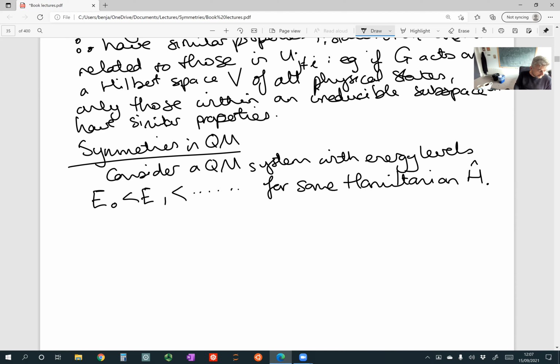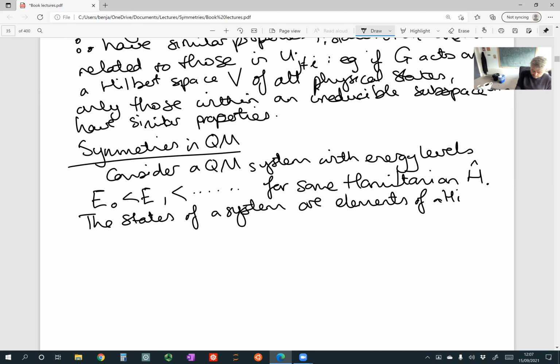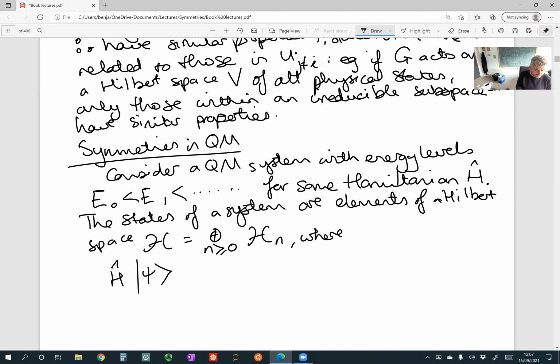So the states of the system are elements of a Hilbert space. We're going to call it curly H, which is the direct sum, n greater than or equal to zero, of the individual Hilbert spaces where the Hamiltonian acting on a ket of our states gives us the particular energy level for all states in the Hilbert space of that energy level.